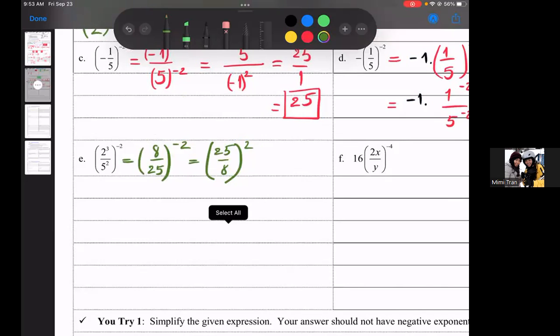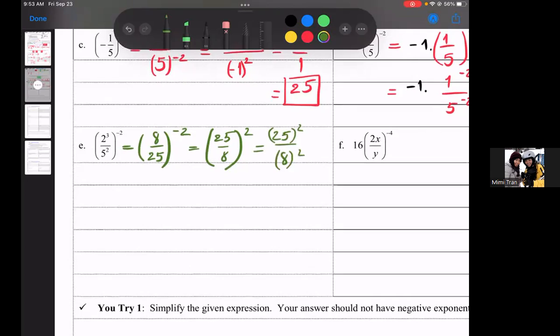So 25 squared and 8 squared. What's 25 squared? 625. Thank you. 8 squared, 64. This one odd, one even, so you cannot simplify.